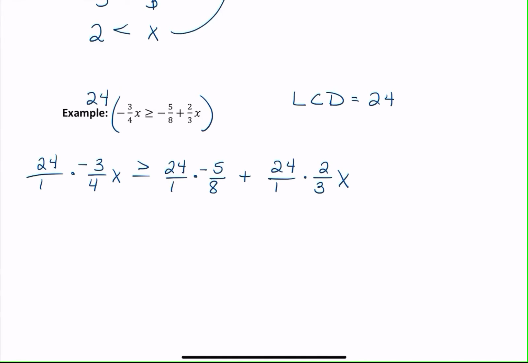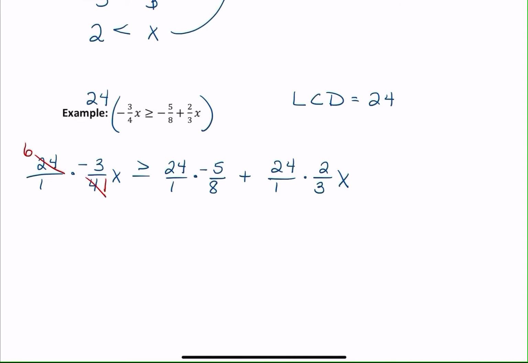That looks like a mess, but what's going to happen is when I multiply these first two together, my 24 and 4 will reduce. 4 goes into 24 6 times, so I can divide those both by 4, and that leaves me with 6 and 1.